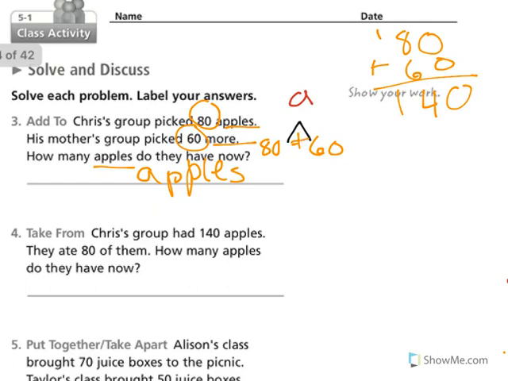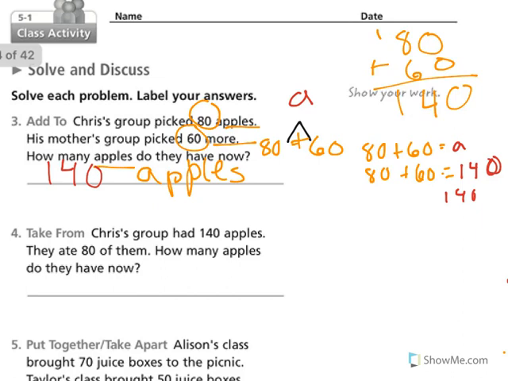So we had 80 plus 60 equals, at first we said A for apples, and now we're saying 80 plus 60 equals 140. So, it's off the edge of the page, 140. Okay, so our answer is 140 apples.